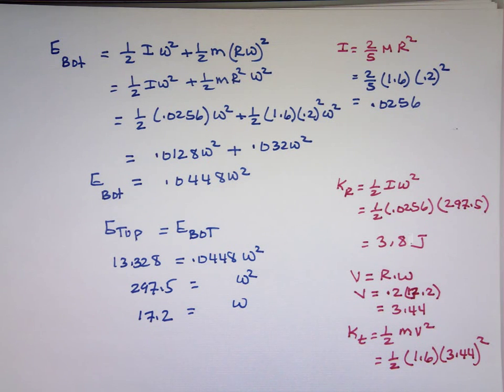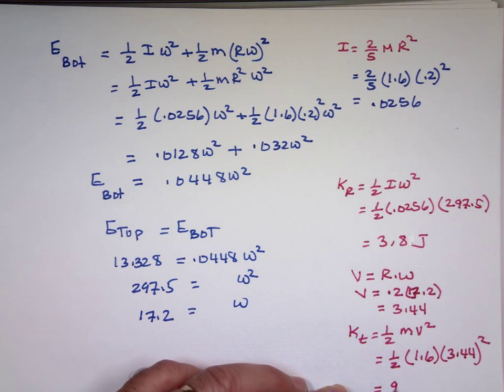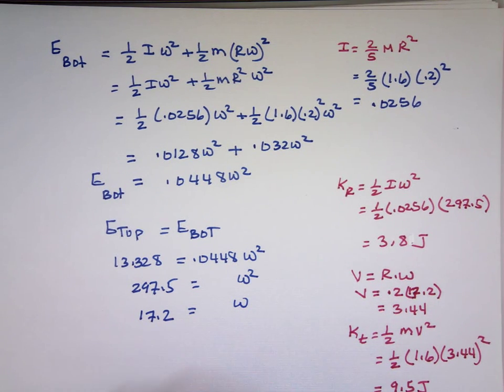With two significant digits, that'll be 9.5 joules. So once we have W or V, we know what the other one is. You can either solve for W or V. Once you have it, you know the rotational and translational kinetic energy, all three of them.